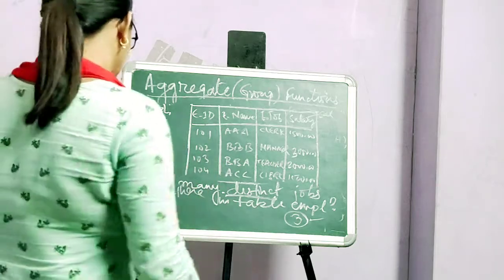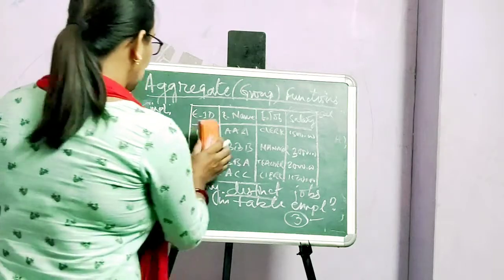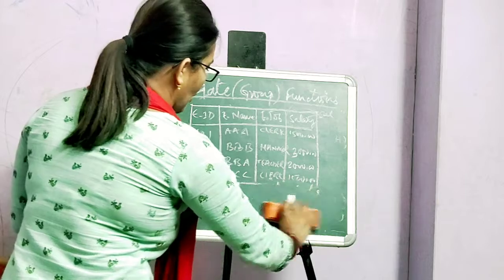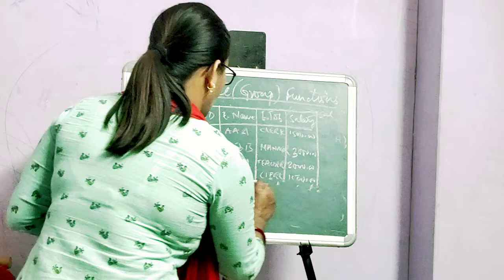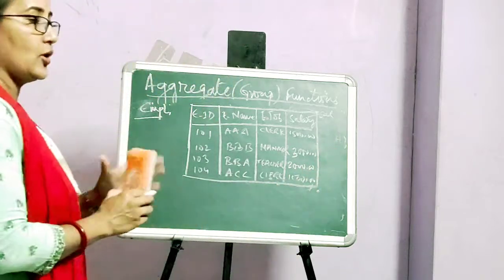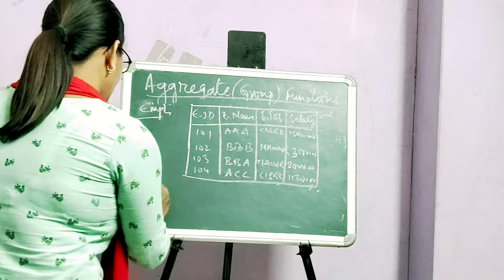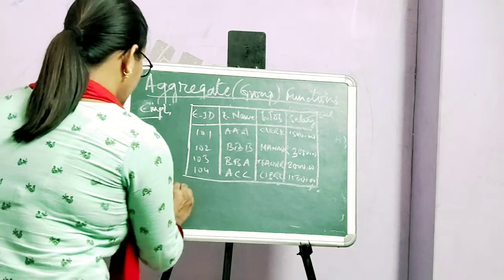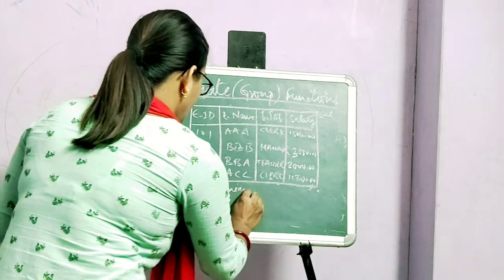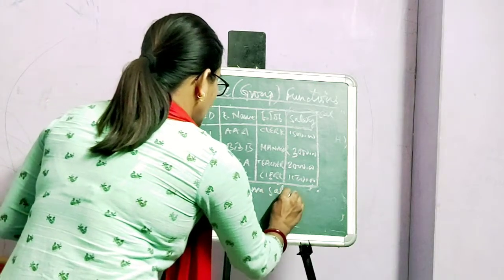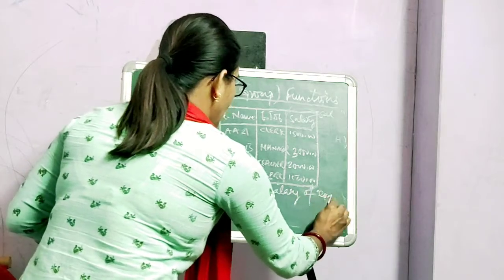Now next is maximum. Okay, with the same table, because I cannot delete this table, as without the table there will be no use. So next, display the maximum salary of EMPL.